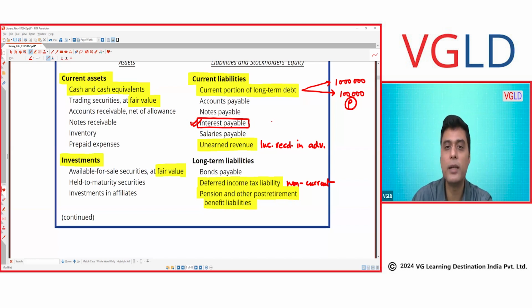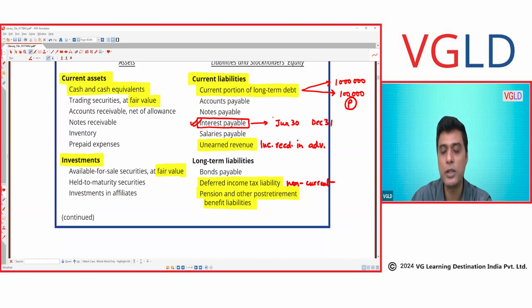It is called semi-annually. That means normally it is payable on June 30th and December 31st. Of course, the question will specify; if the question says interest is paid only once a year, then it is once a year.